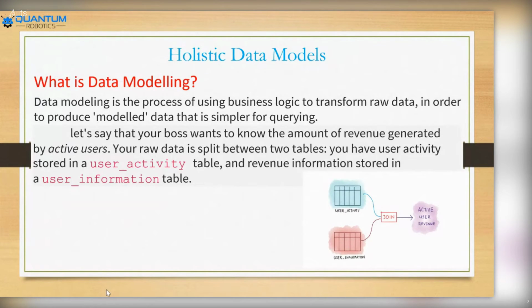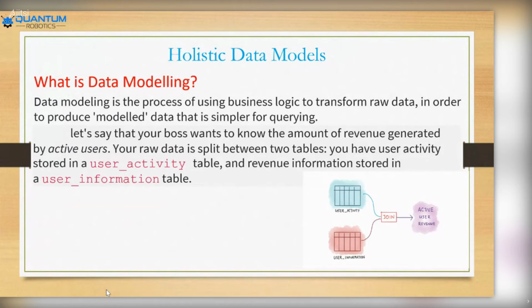Let's say that our boss wants to know the amount of revenue generated by active users. Your raw data is split between two tables. One is the activity stored in a user activity table, and another is revenue information stored in the user information table.